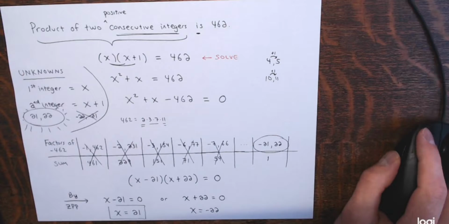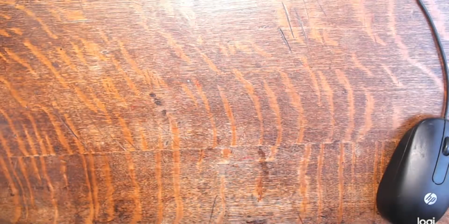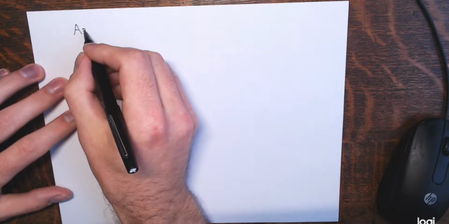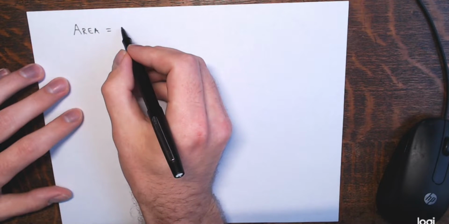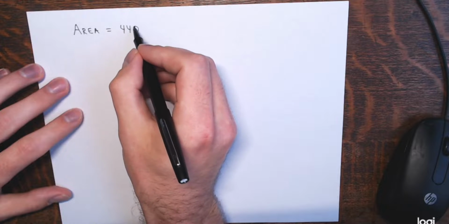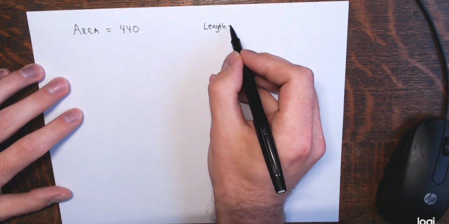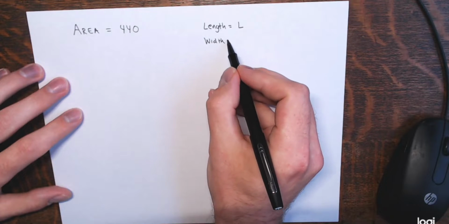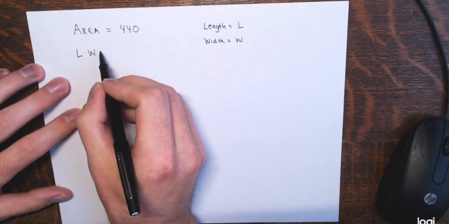So I'll write this up in letters, right? The area of the rectangle is 440 square feet. And if I call the length L and the width W, we have the following. L times W equals 440.